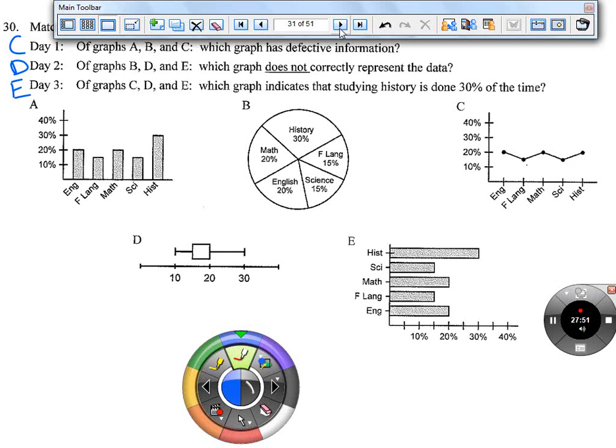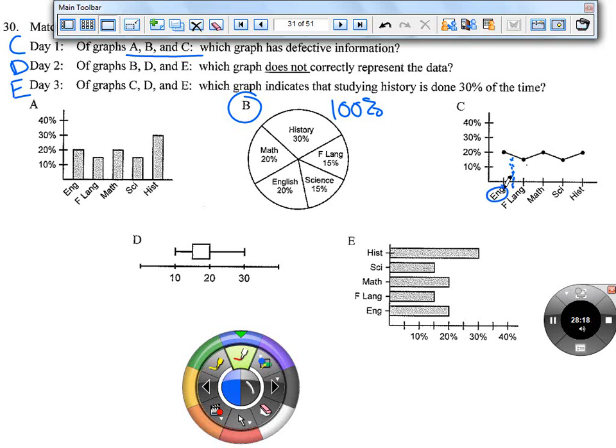Which one of these, A, B, or C, has defective information? Well, you want to make sure in a pie graph that at least all of them equal 100%, because it's a full circle and you need to have your 100% there every time. This one, the C, doesn't really make sense because a line graph's not good for this type of thing. There's no X value here.